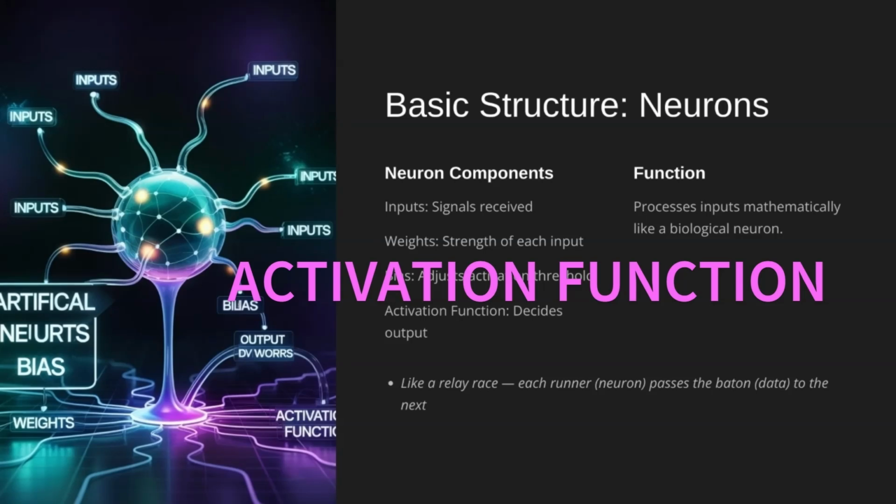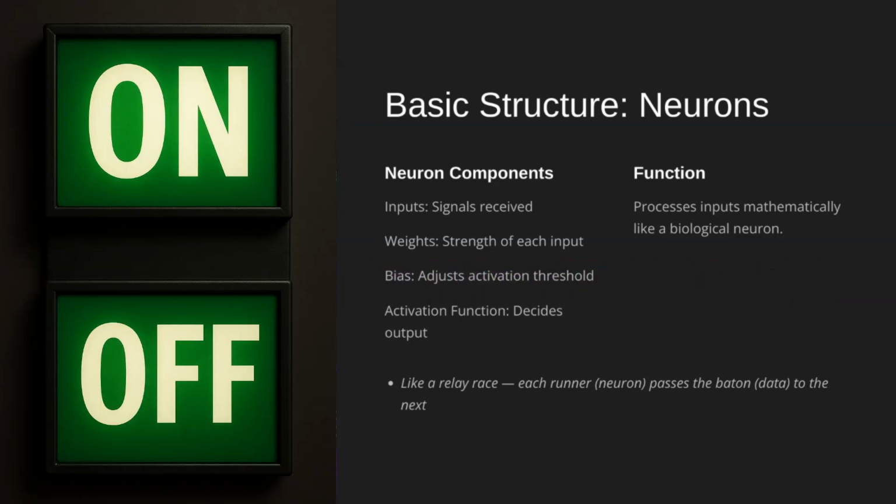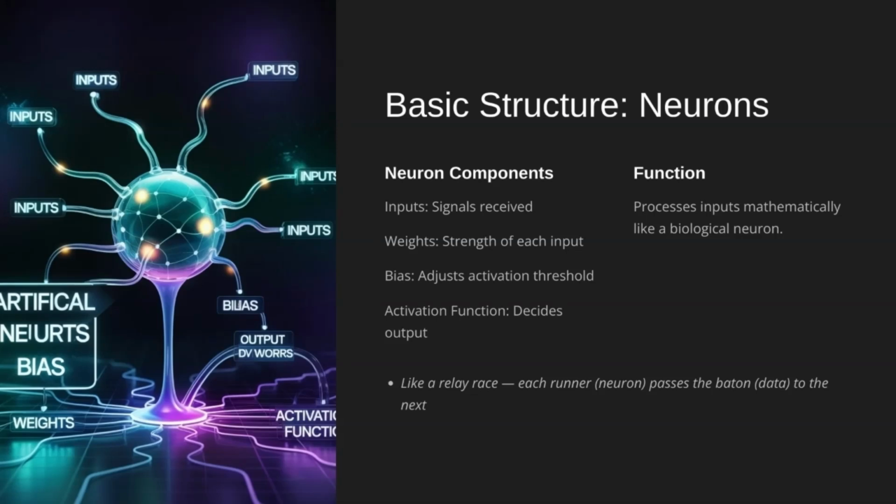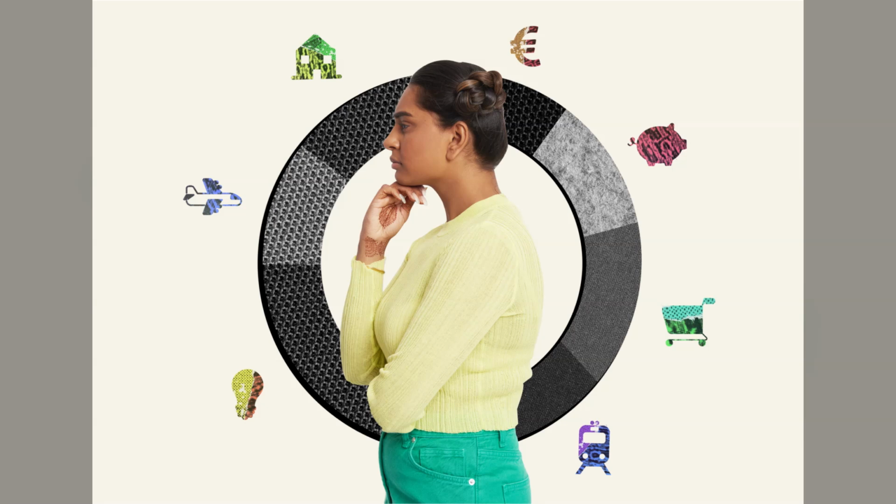This part decides whether the neuron should be activated or not, essentially if it should pass the information forward. Think of it like a relay race. Each neuron is a runner, passing the baton, that is, the data, to the next neuron in line. Together, these components allow artificial neurons to process inputs and make decisions just like neurons in the brain, but mathematically.